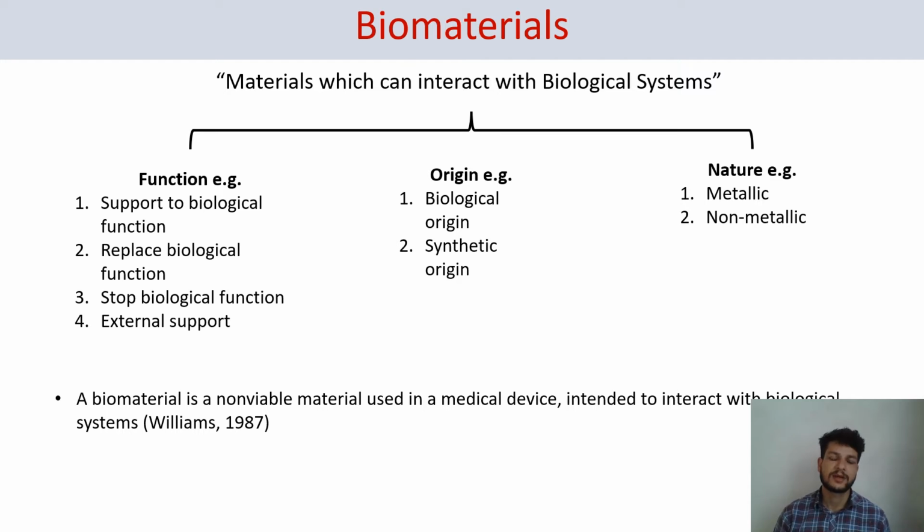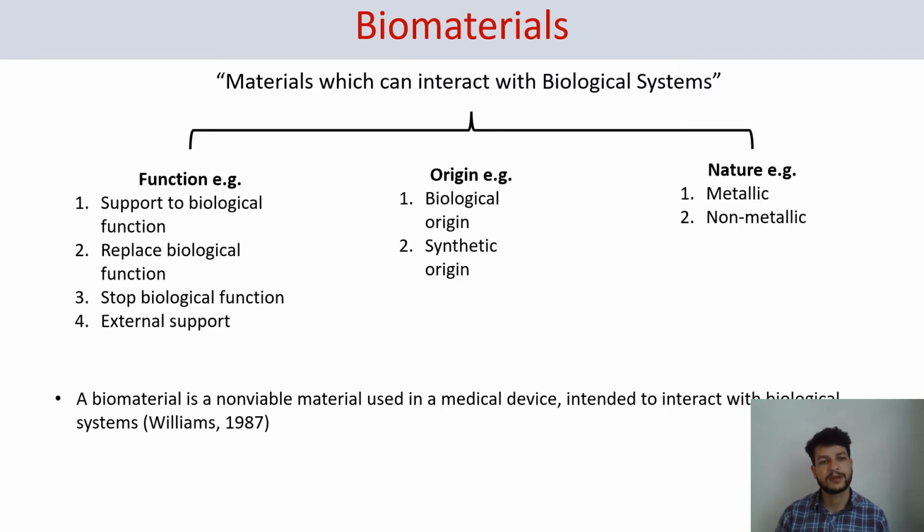Second is the class of biomaterials that replace the biological function. These are the ones that completely replace the biological function. When the biological function is fully stopped, we need materials that completely replace it. For example, in case of heart failure or left ventricular failure, the left ventricular assist device is used, which completely replaces the function of the left ventricle and supplies the blood to the whole body.